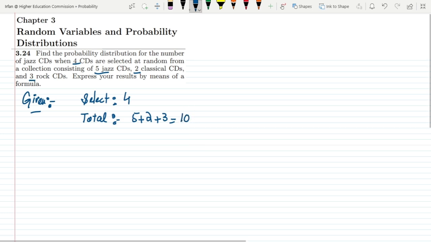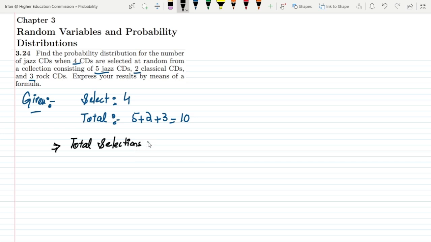Now in order to solve it, we can clearly see that we need the total number of selections.